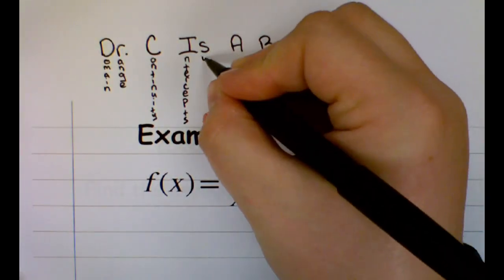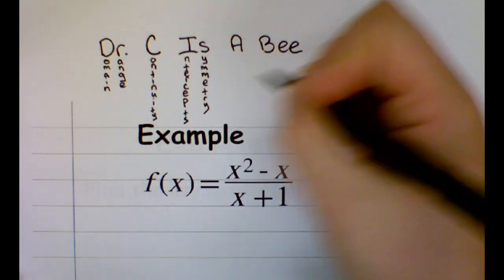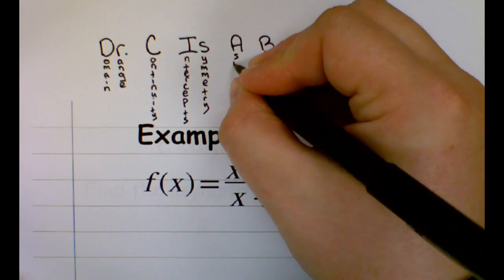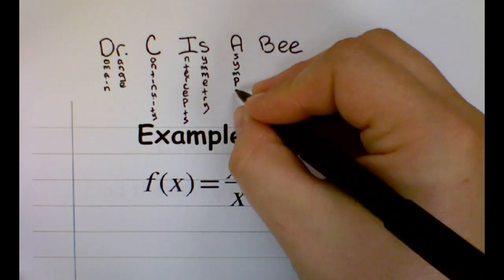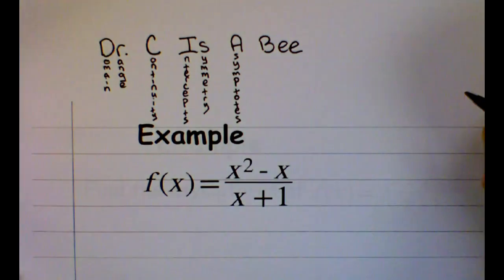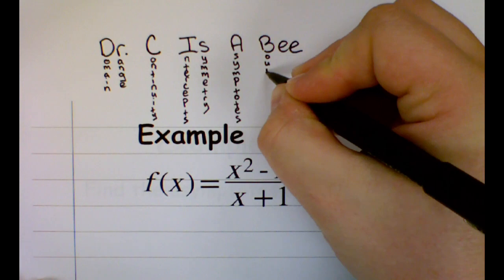S is actually for symmetry. Most of our graphs don't have symmetry, so we usually skip it. A is for asymptotes. B is actually boundedness.